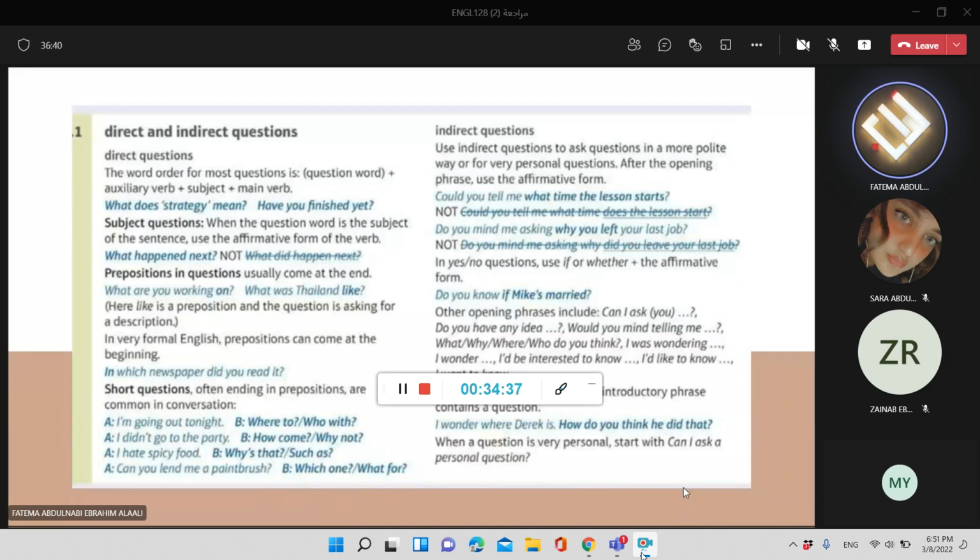We have to use one of the opening phrases. So I will use can you tell me, do you mind asking what? We remove the helping verb did. What strategy meant.